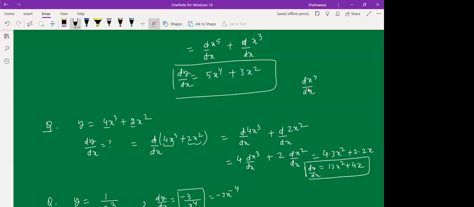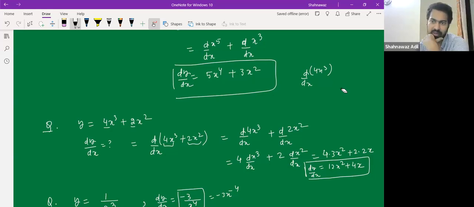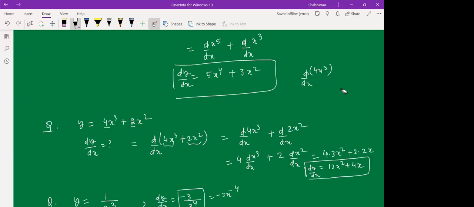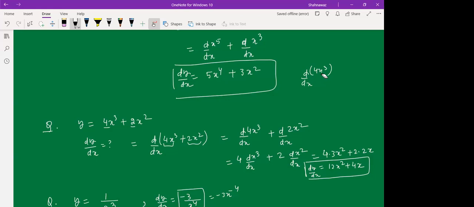So 4x cubed, so we have d by dx. Yes, exactly. Sorry, sir. How can this be x to the power 4? Sir, because we were using the formula n x to the power n minus 1, right?